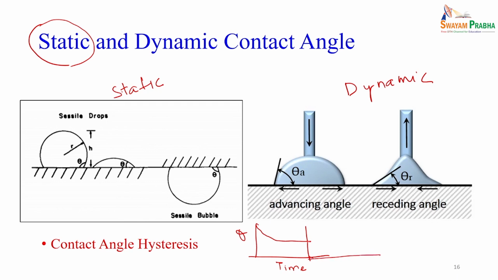If you go for a higher time, there will be a further decrease in the contact angle, and this decrease is coming because of external factors, like temperature and evaporation. If there is vapor pressure and temperature, there will be some evaporation, and with time there will be a loss in the volume of the liquid. External factors are causing the loss of volume of the liquid.